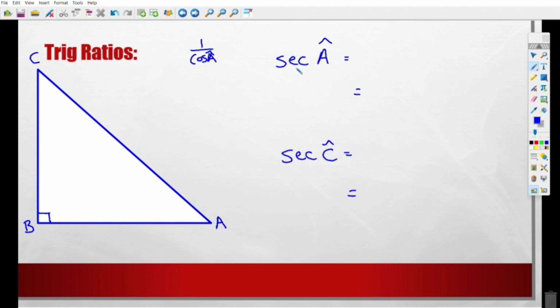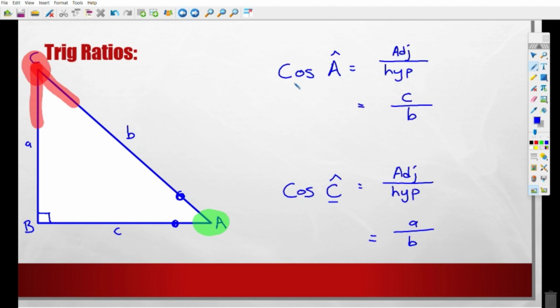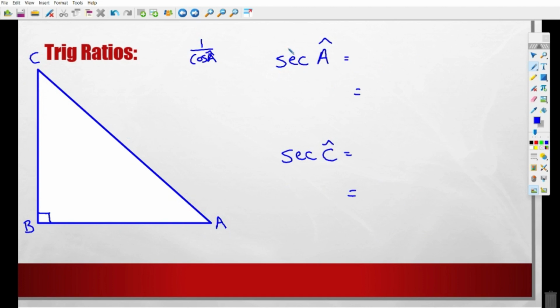So if sec is the reciprocal of cos, and cos is adjacent over hypotenuse, then the reciprocal, which is sec, is hypotenuse over adjacent. Good. If I look at this triangle, it says sec of A, so I go to angle A here, and it's hypotenuse over adjacent.